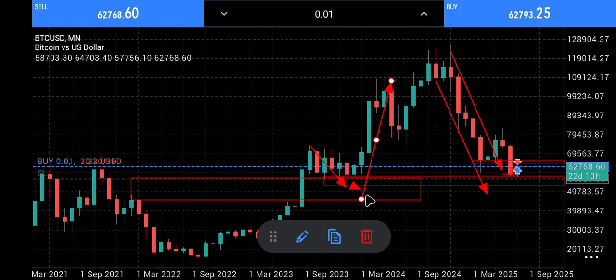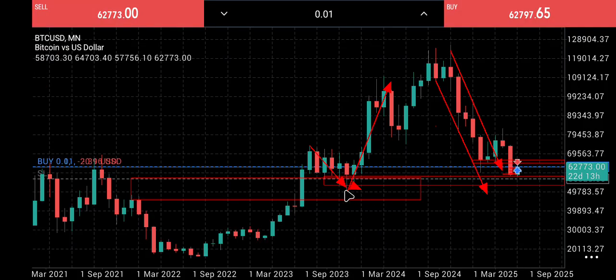So our impulsive move started from this major swing low. This is my major swing low, right?